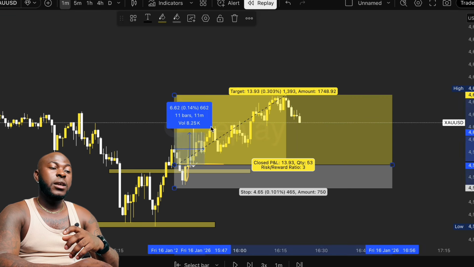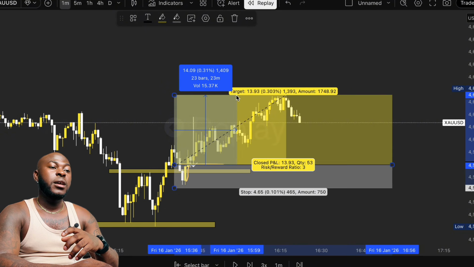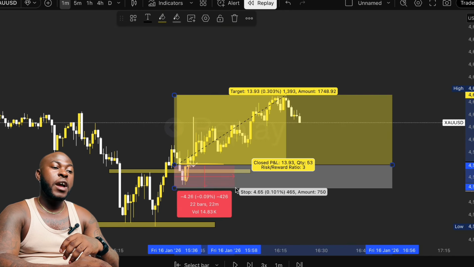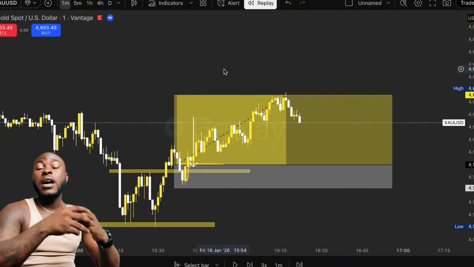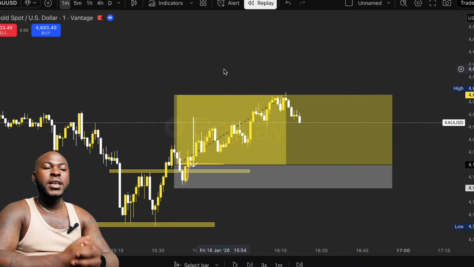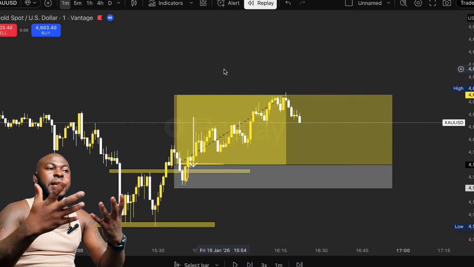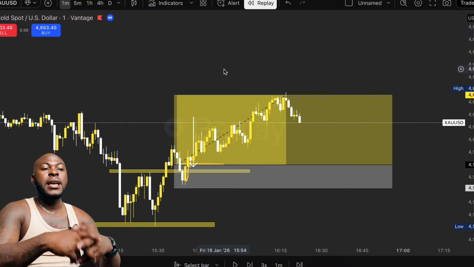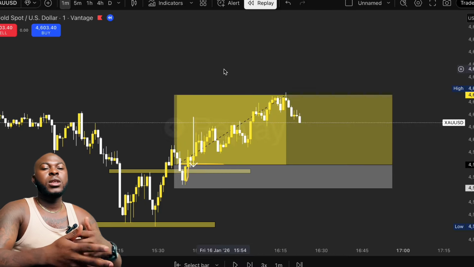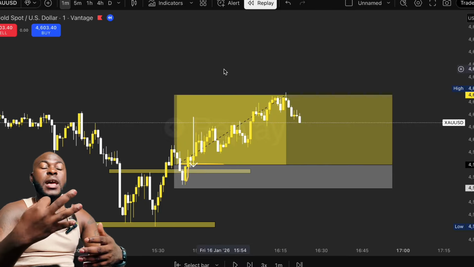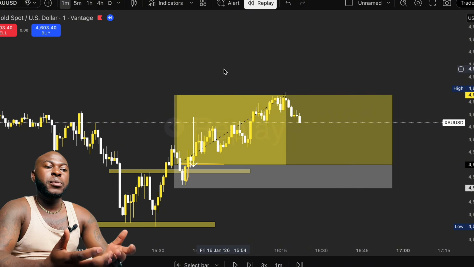You understand? As you can see here, the profit was 140 pips, just risking 45 pips. So personally, I go for 1:3 because with 1:3, I only need like 3 wins out of 10 to actually be profitable.